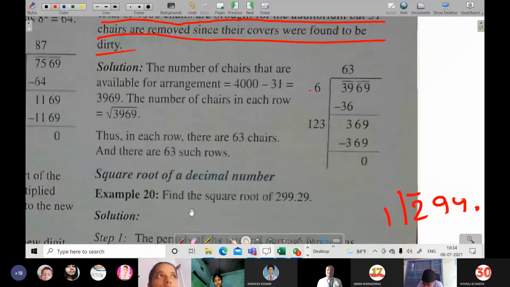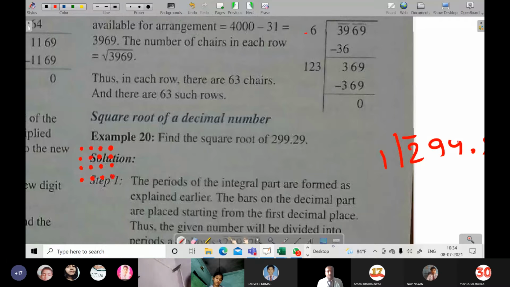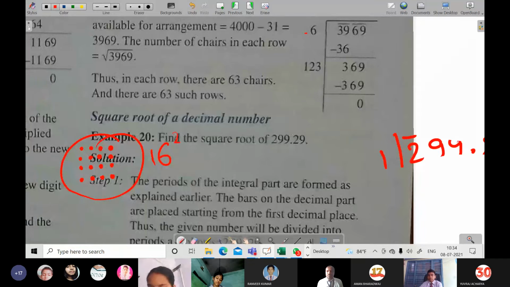Like if we arrange 4 chairs in one row, then we have to make 4 rows over there. So altogether how many chairs will be there? 4 into 4, that is 16. So the total number will show the square number, and the number of rows and columns will show us the root of the total number.